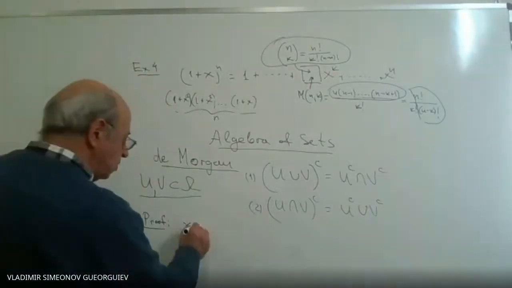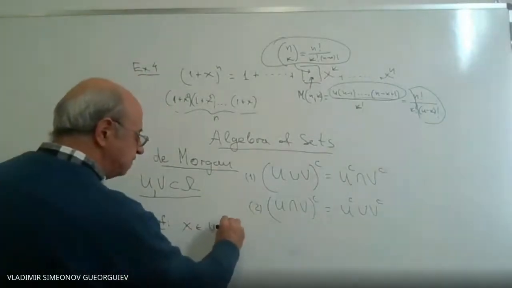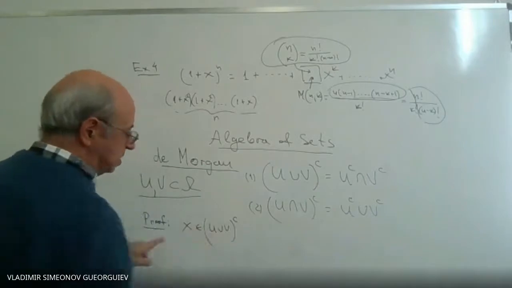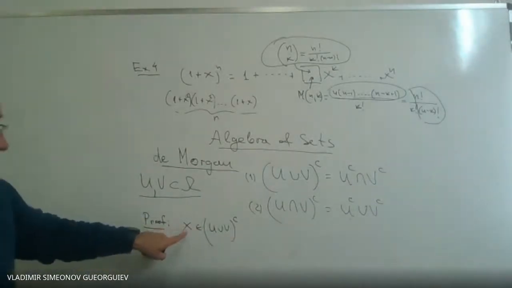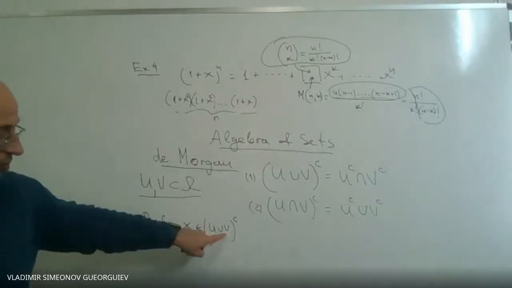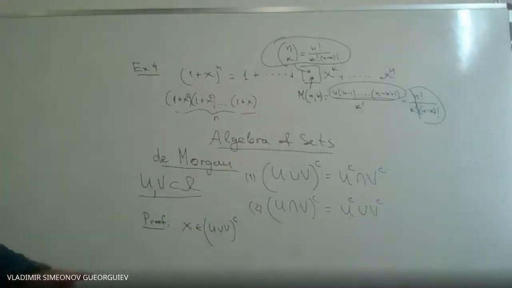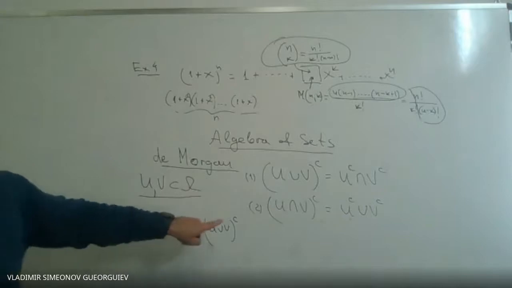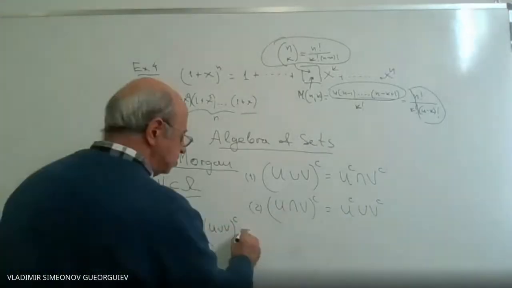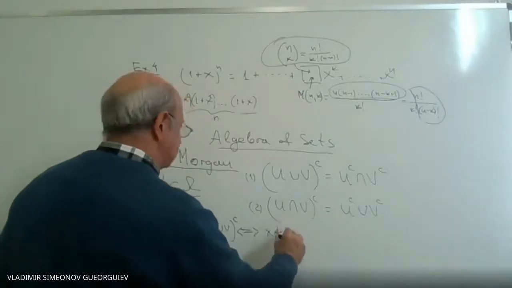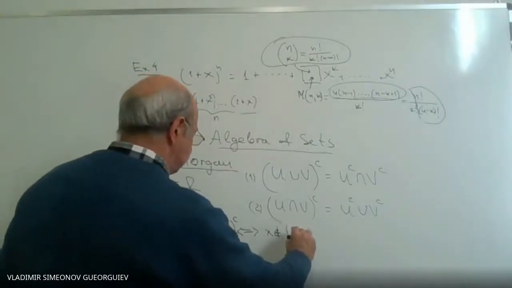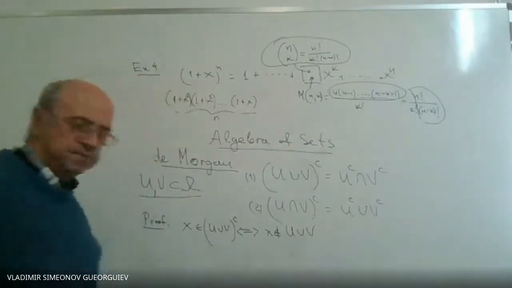Belonging to the complement of the union of U and V. What does it mean? This means that x is not in the union of U and V.